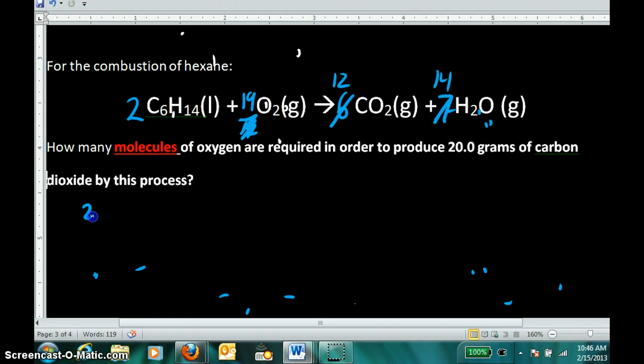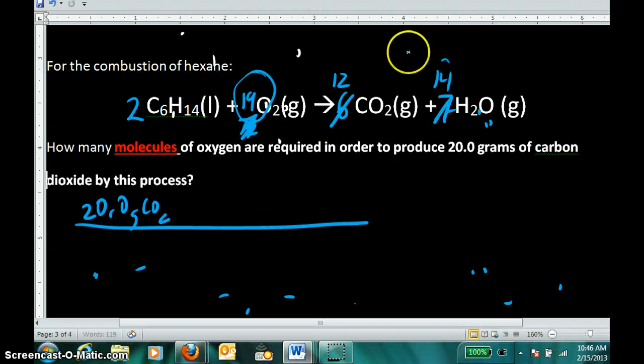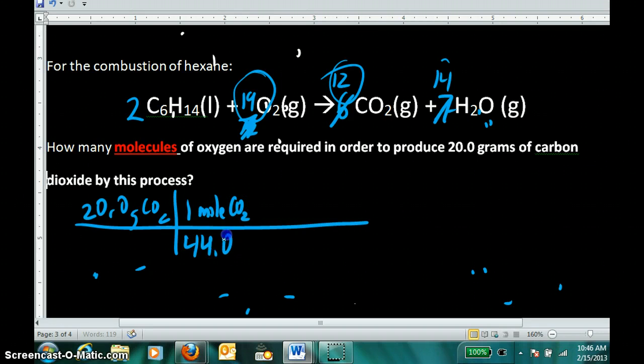We want 20 grams of CO2. And we want to know how much oxygen we need to get that 20 grams. Well, I see the relationship is 19 to 12 between oxygen and carbon dioxide. So first I need moles, and 1 mole of CO2 is the equivalent of 44 grams of CO2.